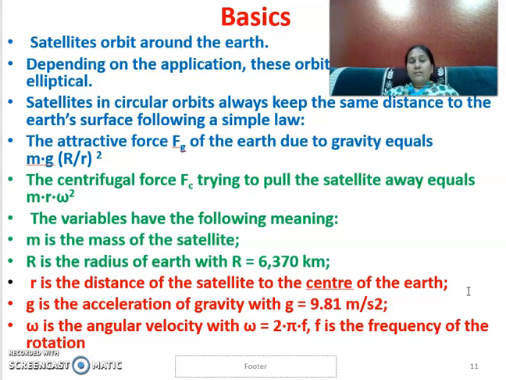This makes the satellite move away from the earth. These two forces act exactly opposite to each other, which keeps the satellite in its position.